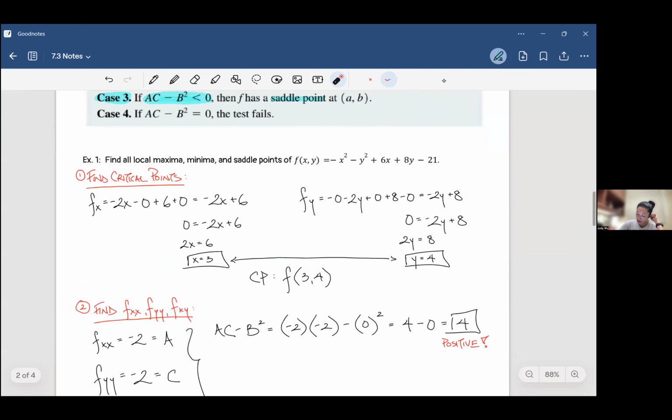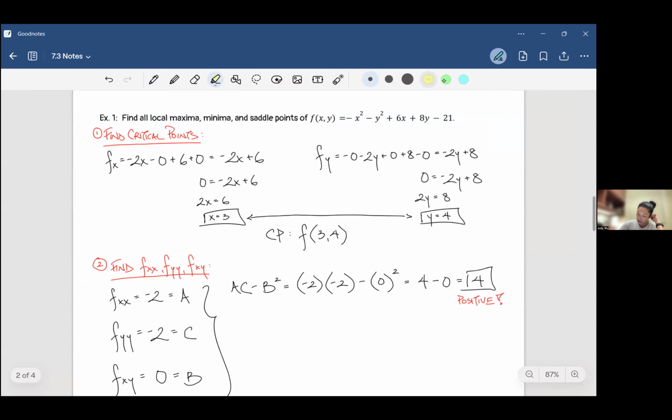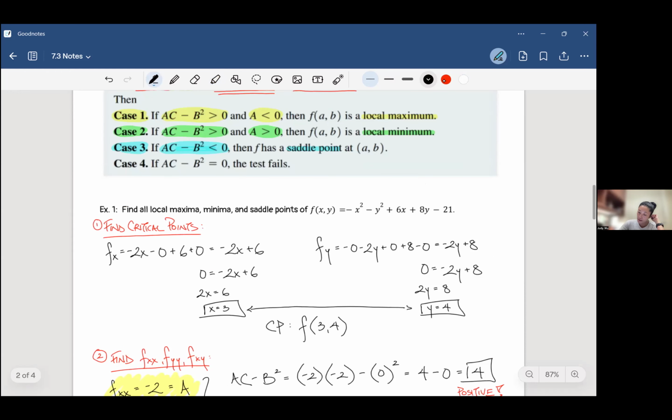So if I go back and I look at my A, maybe that's something I want to highlight. All right, my A value is -2. That means I have a positive AC minus B squared and a negative A. That means I have a local maximum. Okay?